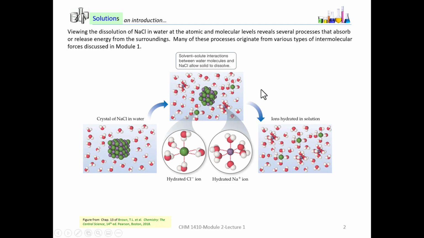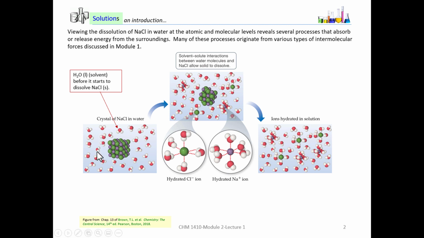Here's a very complicated looking diagram, and the only reason it looks complicated is because we want to show you the best we can here with what we've got to work with, what the dissolution of sodium chloride might look like at the atomic and molecular level. So look on the left here, and what we have is our solvent water. So you can see oxygen with 2 hydrogens attached.